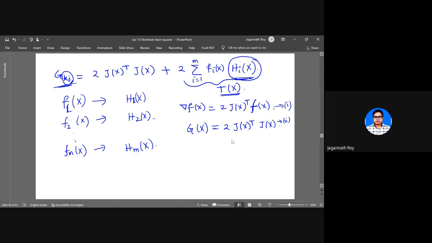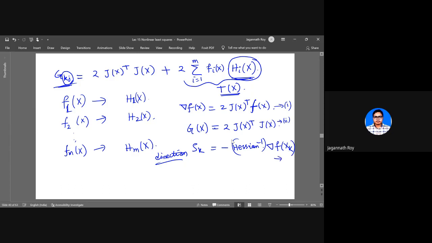And if you remember, s_k, that is the direction that we calculate in Newton's method, which is negative of the Hessian inverse into the gradient at x_k, at that point.